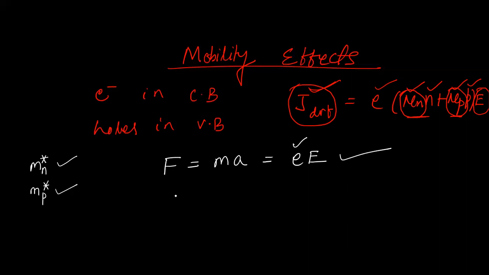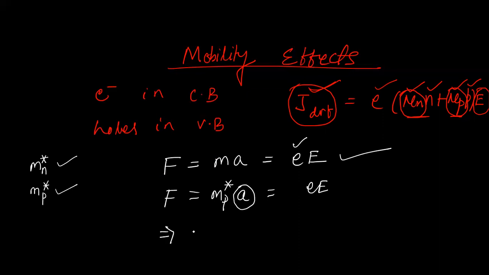If I write it for a positively charged hole, we can rewrite it simply as mp star, where mp star is the effective mass of the hole in the valence band, multiplied with the acceleration, is equal to eE. Now this acceleration is the rate of change of velocity, which is nothing but the drift velocity, as we have already discussed.